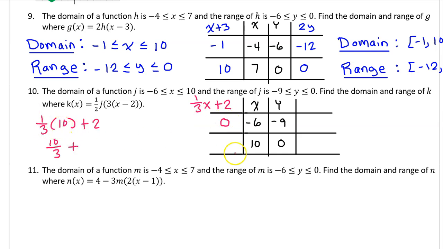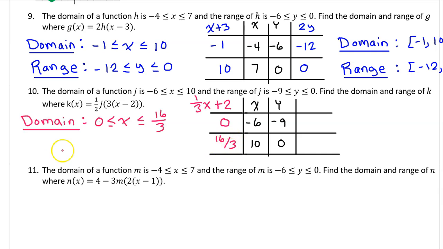1/3 times 10 is the same thing as 10 over 3. I need to add 2 now, but I'd like to have like denominators. So instead of 2, I'm going to put 6 over 3. So this is 16 over 3. So here's the new domain.